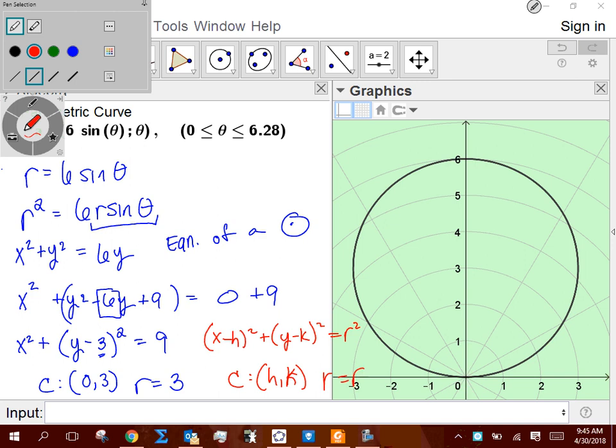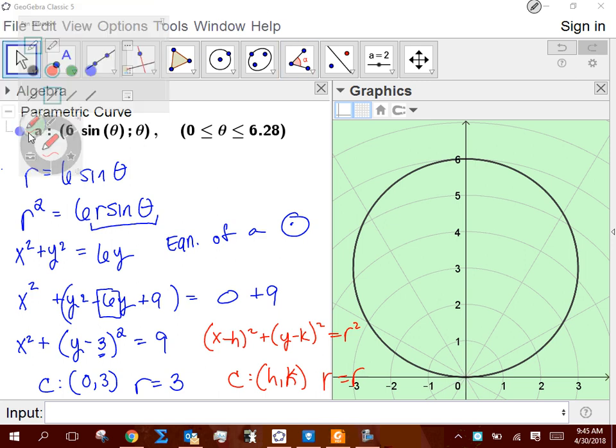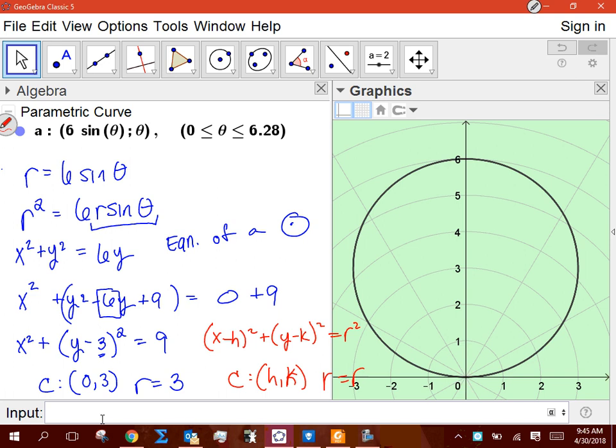Would our circle over there on the right abide by that? Would it have a center at 0, 3? And would it have a radius of 3? And if I'm not positive with that, I could type this in as x squared plus y minus 3 squared equals 9.